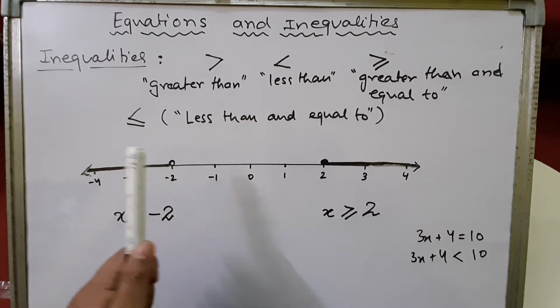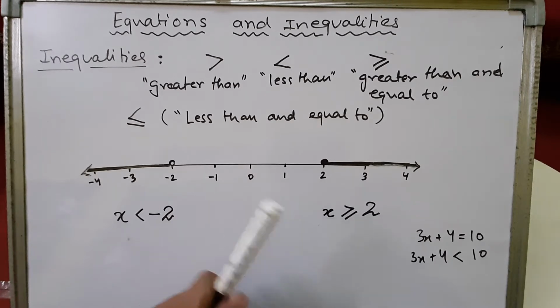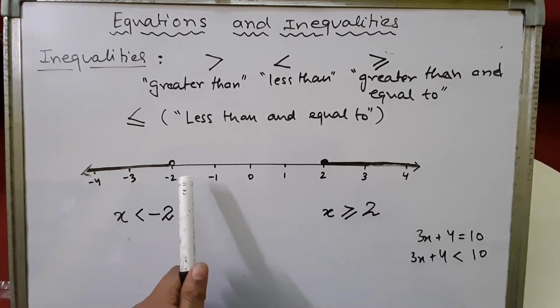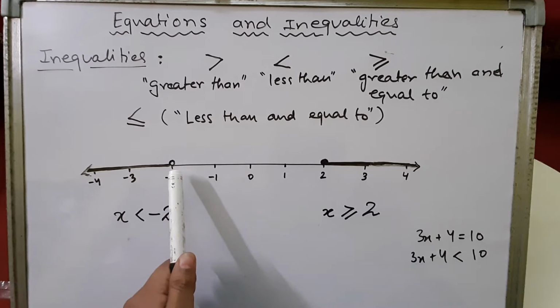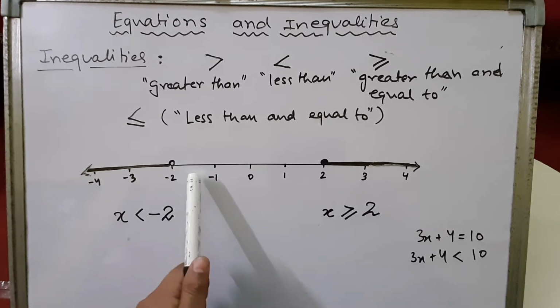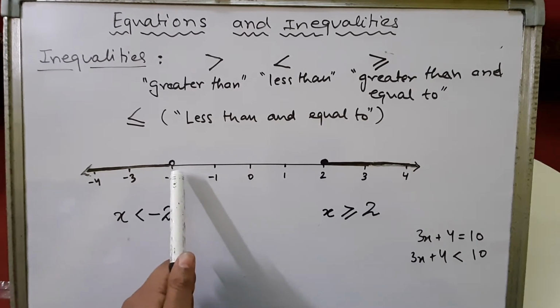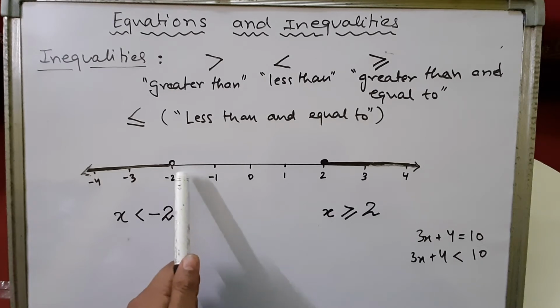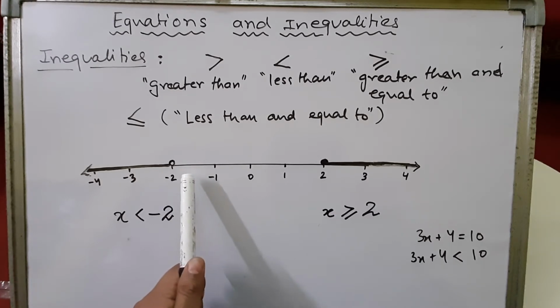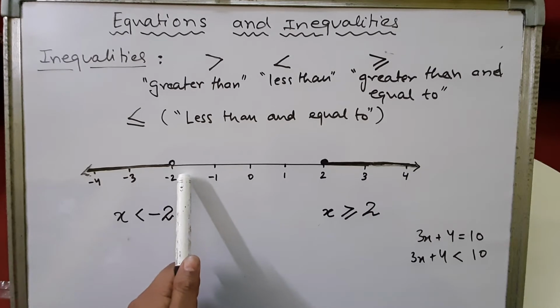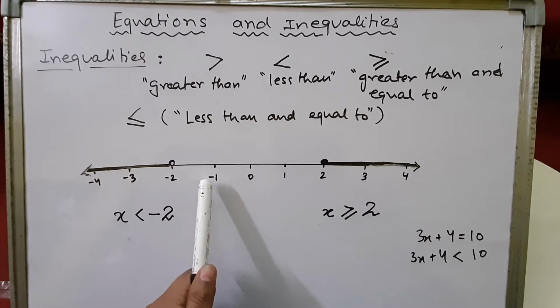Some of them will draw a curved line, but let's try to understand one concept at a time. Let's draw a blank circle, not a shaded one. This circle represents that the value of x is not equal to -2.